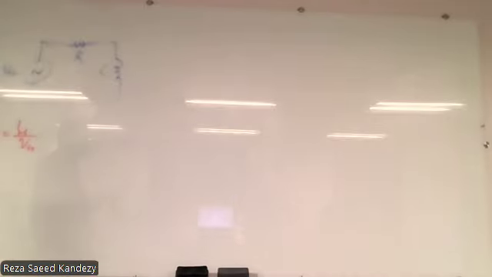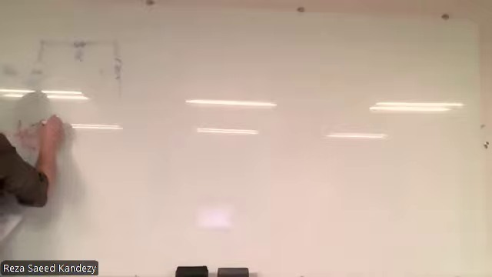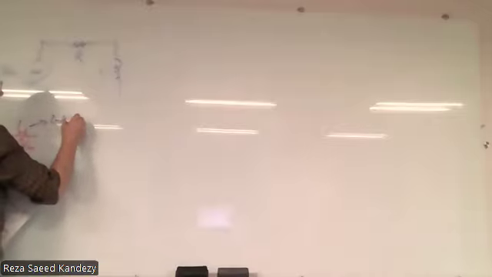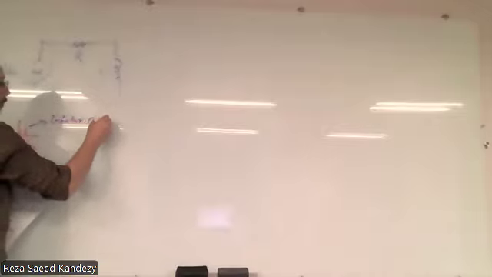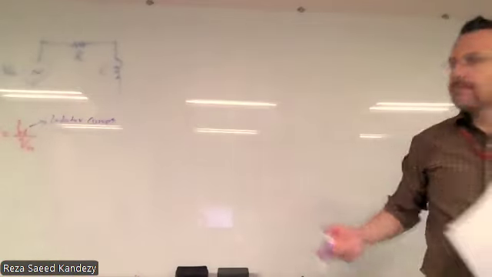Again, to run the analysis, I of the inductor, IL. Now, to run analysis, again, we do the KVL. We have a loop.